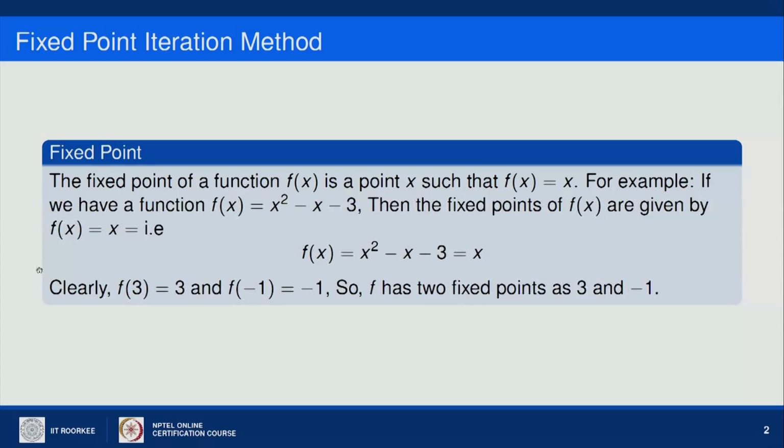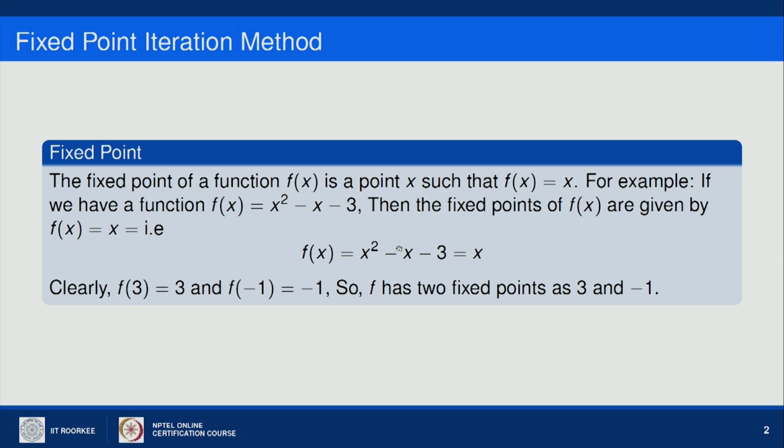First of all, what is a fixed point? The fixed point of a function f(x) is a point x such that f(x) equals x. For example, if we have the function f(x) = x² - x - 3, then the fixed points of f(x) are given by f(x) = x, that is x² - x - 3 = x.